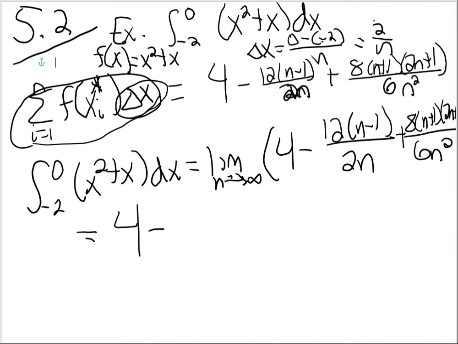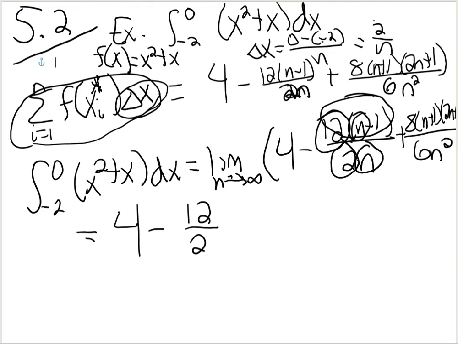But in reality, what it's going to be is the ratio of the coefficients of the highest degree, meaning when you multiply this out, you'll get 12n minus 12. So the limit as n goes to infinity is 12 over 2, looking at the highest degree powers, which is n.